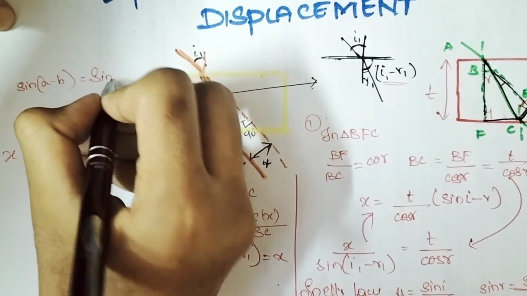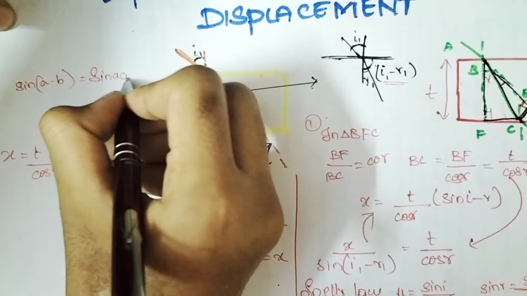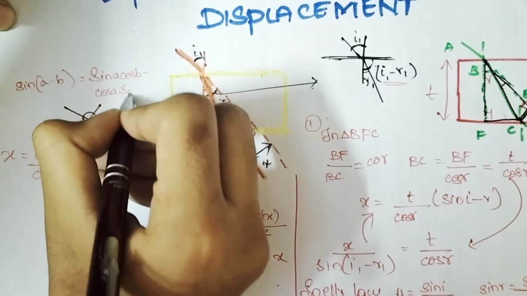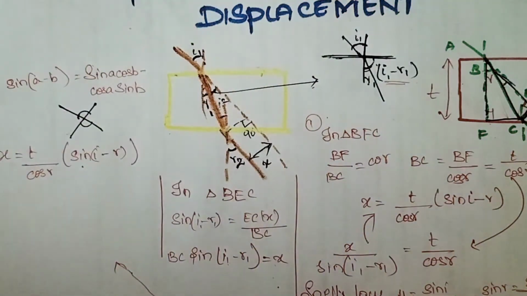Sin a cos b minus cos a sin b. Correct? Trigonometry functions.